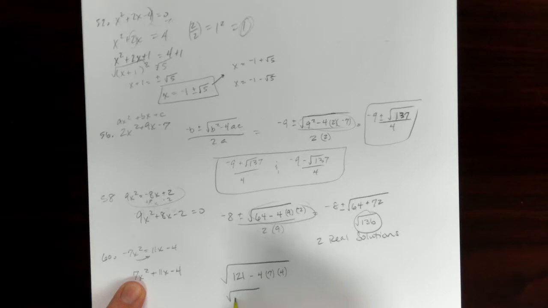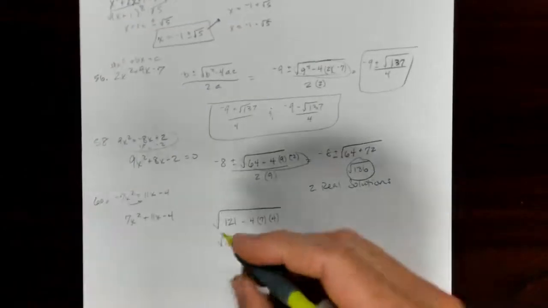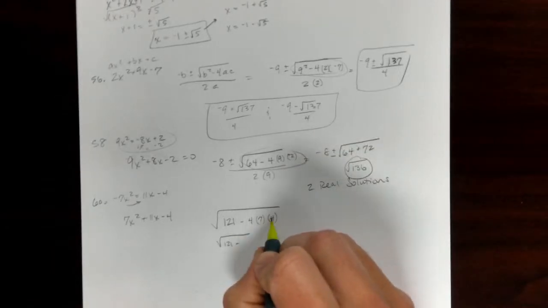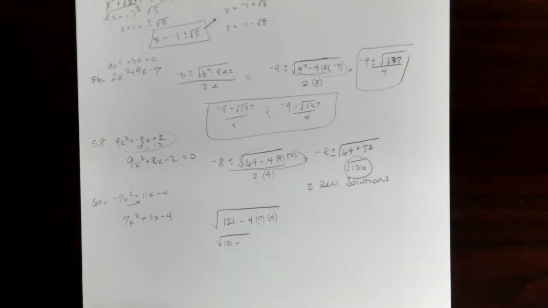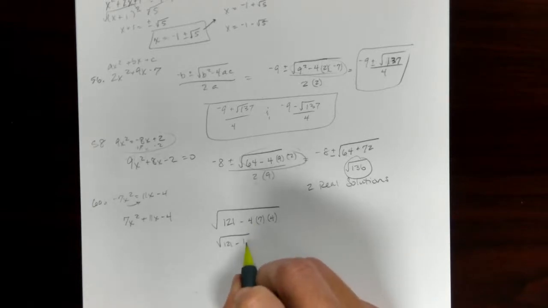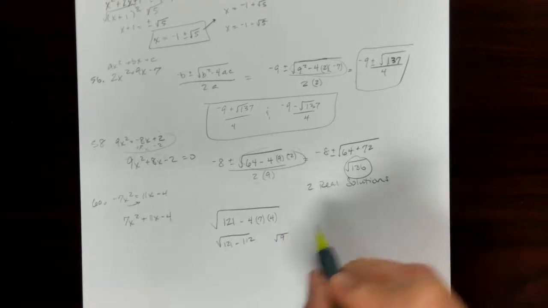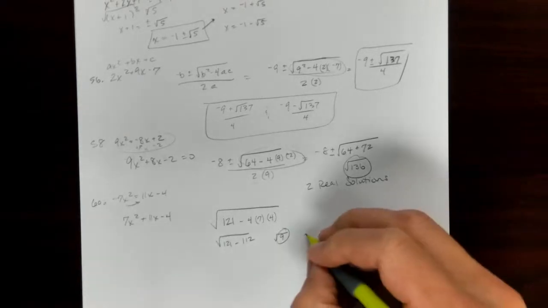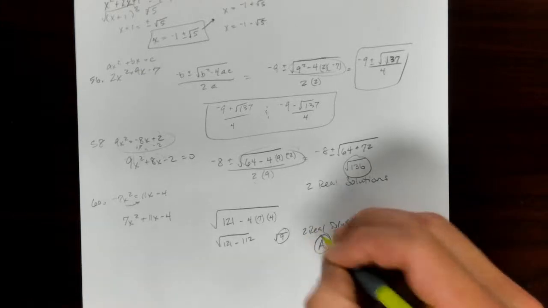So we have 121 minus 8 times 7, because 4 times 4 is 16. 16 times 7 is 112. So we have 121 minus 112. And again, we still get a positive answer. If my discriminant is positive, we get two real solutions. So we're looking at answer A.